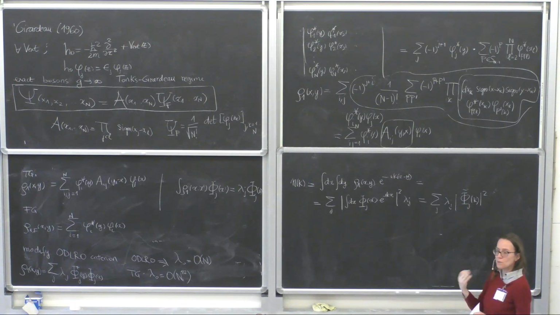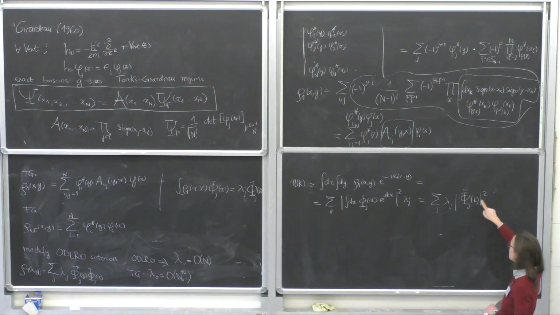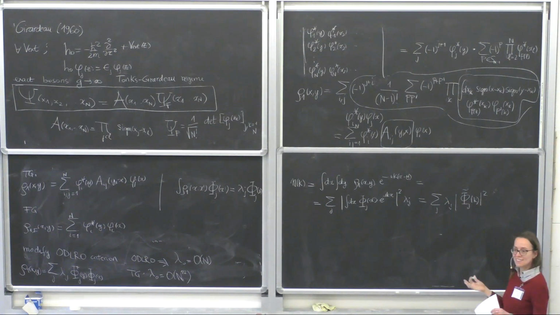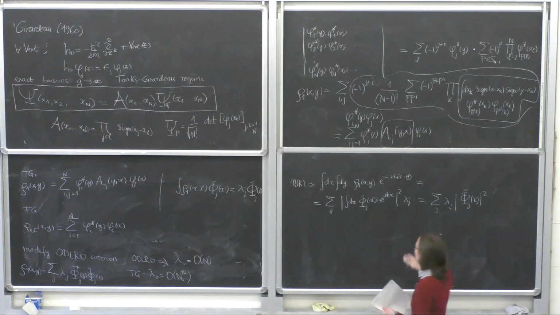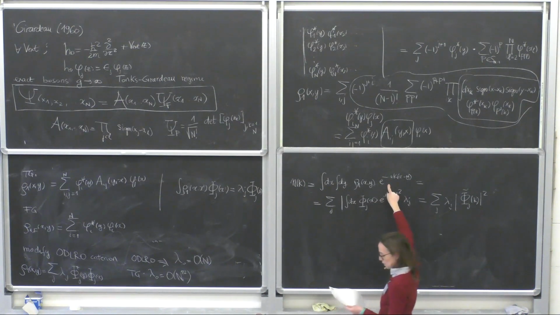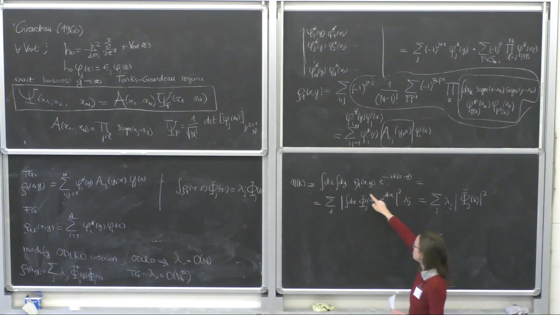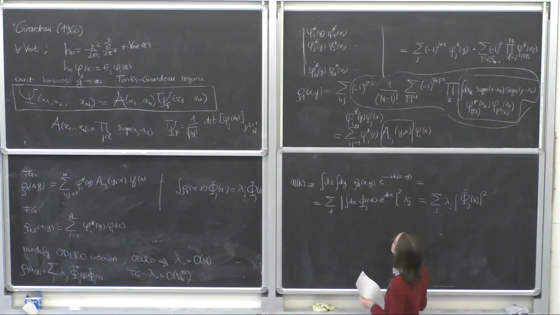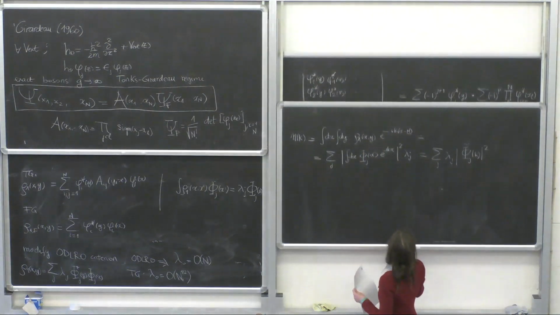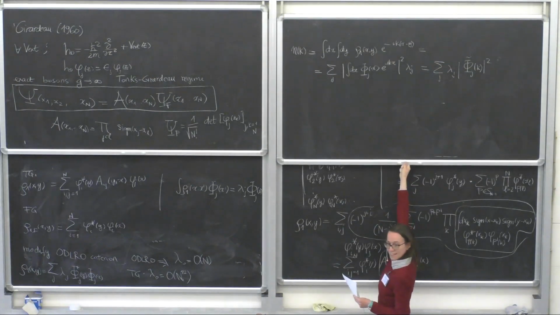And if you have only one orbital, the momentum distribution is the Fourier transform of this condensate wave function. But don't forget, because we are going to study the momentum distribution by knowing the properties of the one-body density matrix, maybe I keep it there.